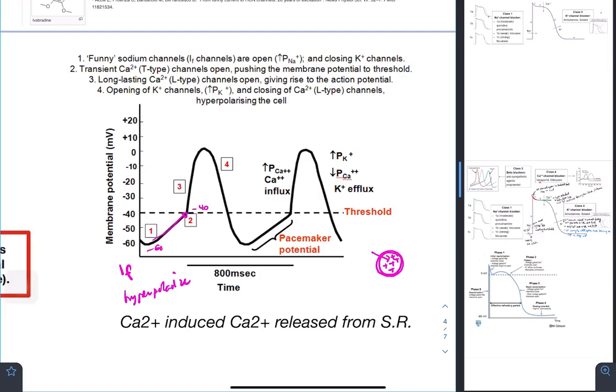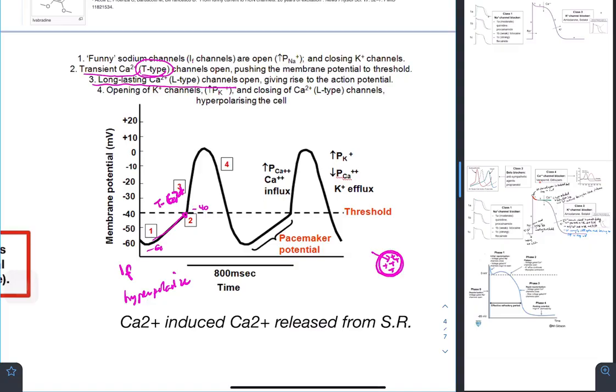the calcium channels are open very, very briefly. And so we call it the T-type or transient calcium channel. So the T-type channels would open slightly. And when this T-type calcium channel opens and allows calcium to rush in, it would open the long-lasting calcium channel.